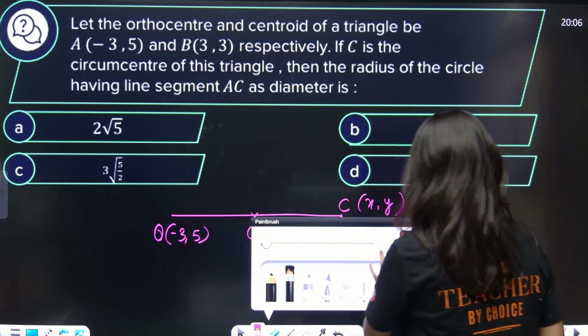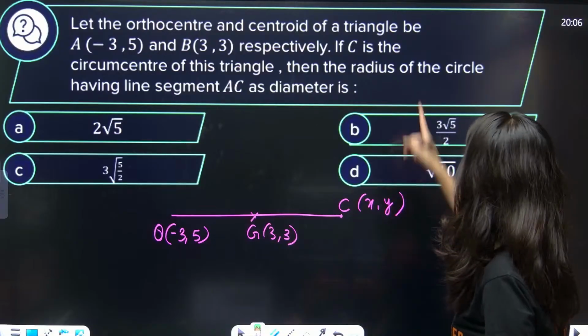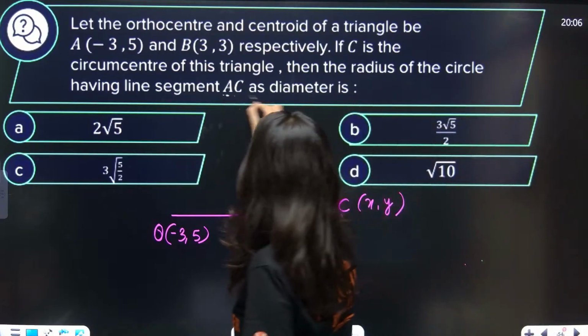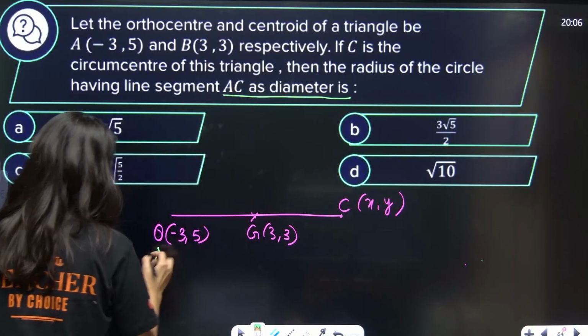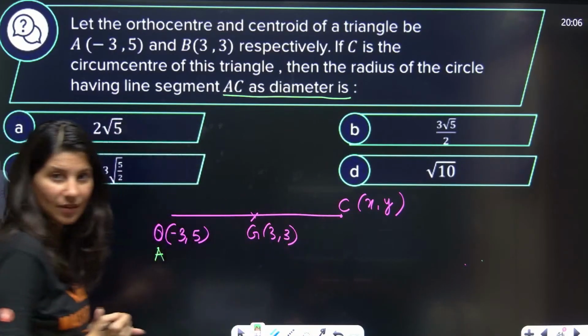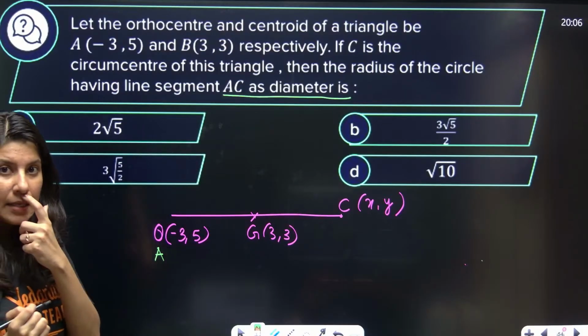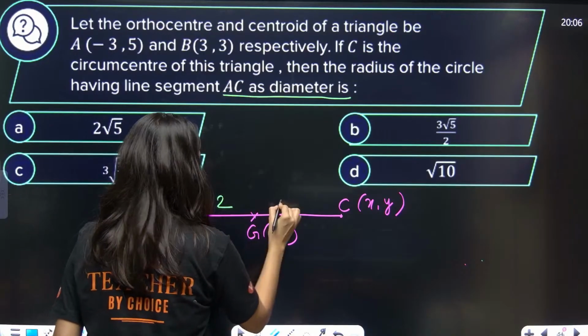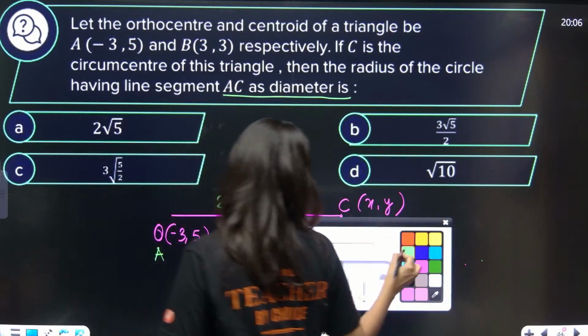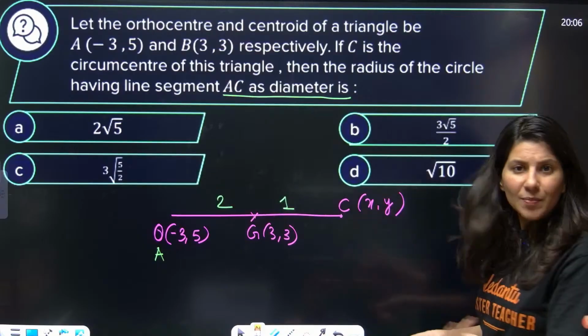Then they are asking for the radius of a circle having AC as diameter. So you are looking for AC, where this is your A. AC being the diameter, AC by 2 will be the radius. To calculate this, it is a 2:1 ratio. This is (x, y), correct? Now just apply the section formula.